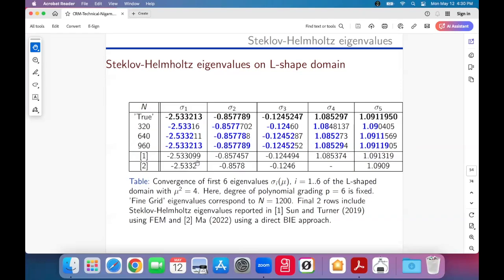The last is using a boundary integral approach, but a different one. They did not factor out the kernel of the singular, and so they actually miss an eigenvalue. You can see that we're able to get, using our polynomial quadratures, safely the spectrum very nicely, right?